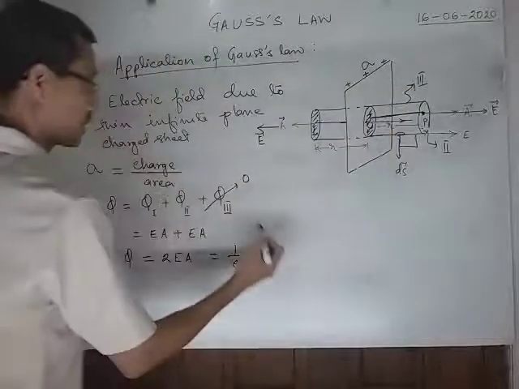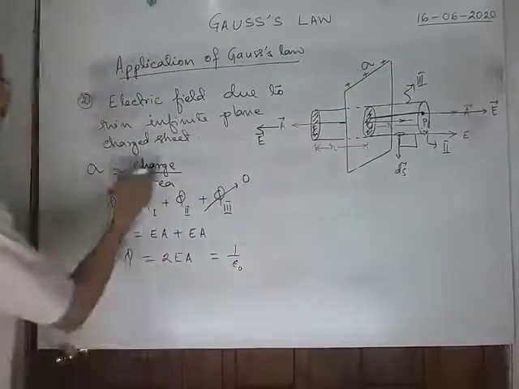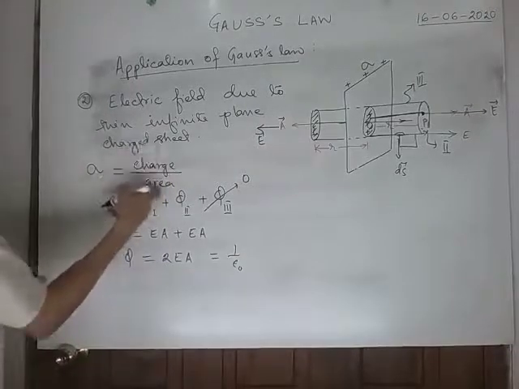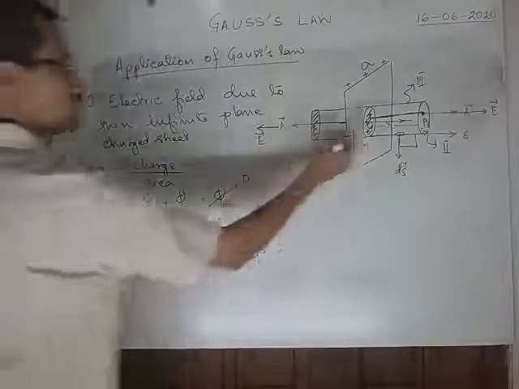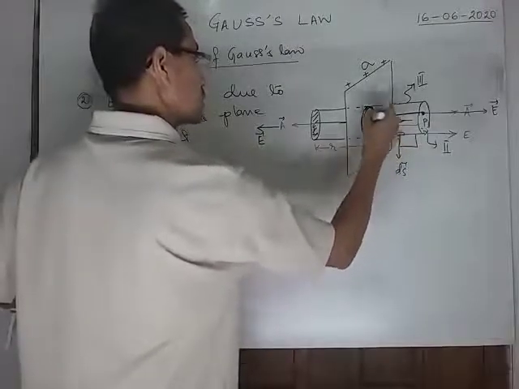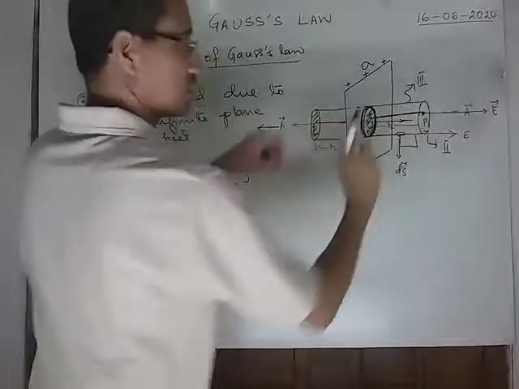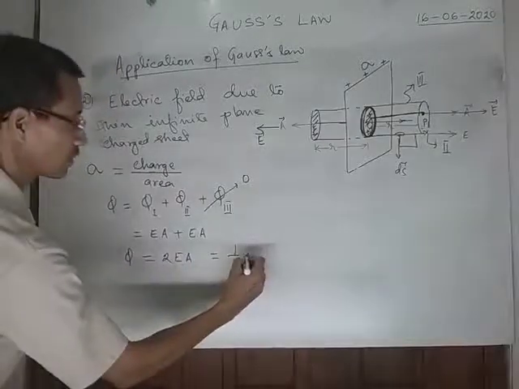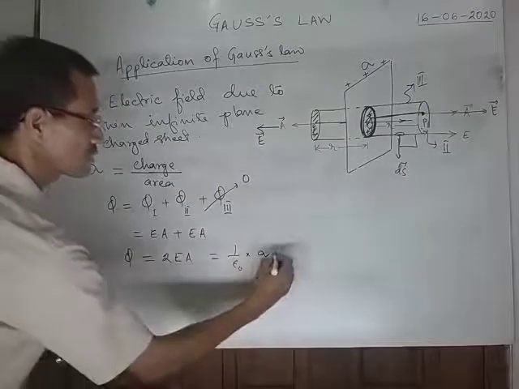So the charge enclosed by this Gaussian surface will be only the portion enclosed by this Gaussian cylinder. The total charge will be sigma A only, area times sigma.